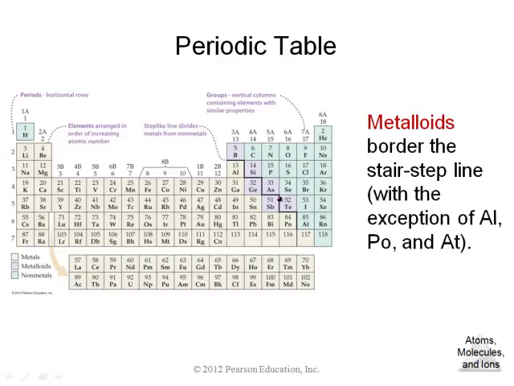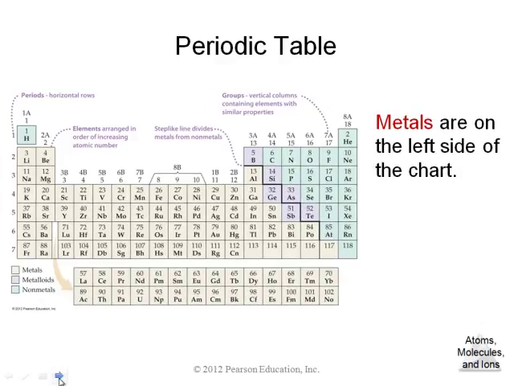So these, they are called the metalloids, and then everything you see here, including these, they are the metals. That is another classification of the periodic table. Metals are on the left side of the periodic table, as I said. So metals, metalloids and non-metals, that is one type of classification.